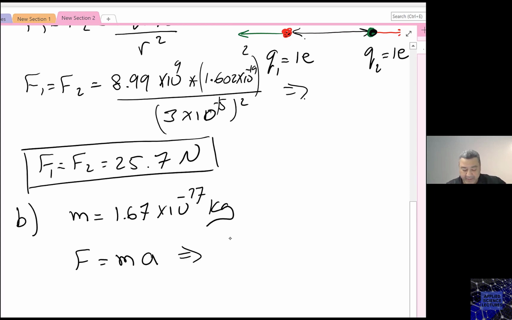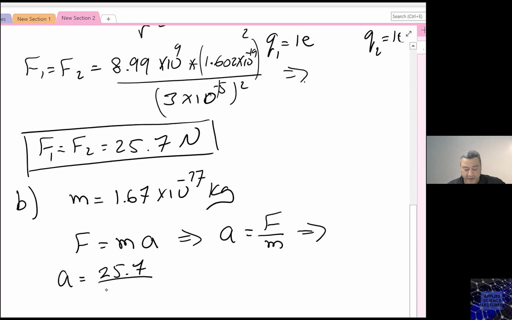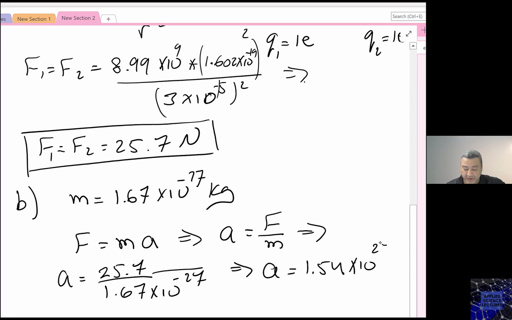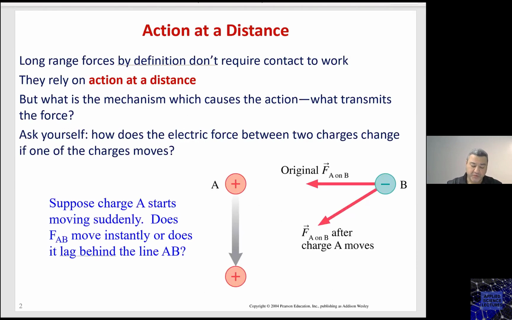Then magnitude-wise, a equals F divided by m, or a equals 25.7 divided by 1.67 × 10^-27. And in this case, the acceleration is 1.54 × 10^28 meters per second squared.